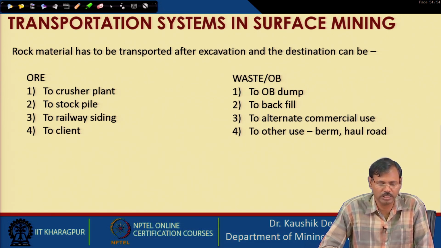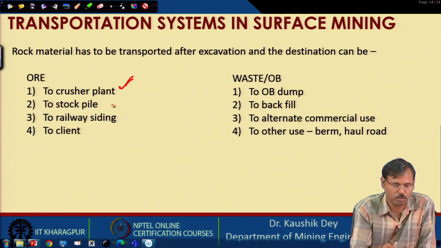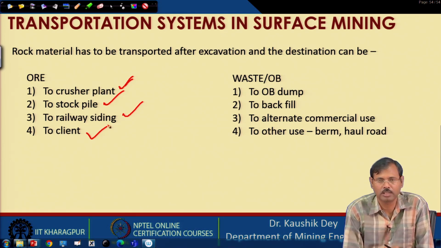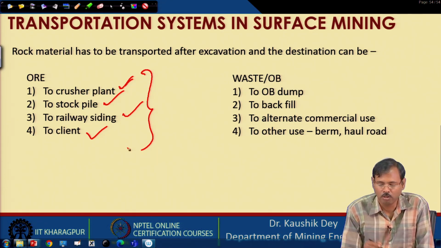So, after the excavation, this material has to be sent to some places, either to the crushing plant or to the stockpile or to the railway siding, or maybe sometimes directly to the client, like coal mines etc. Sometimes we can send the material using trucks from the mine itself to the power plant if it is situated nearby. So, these are some possible cases where the useful materials are being sent.